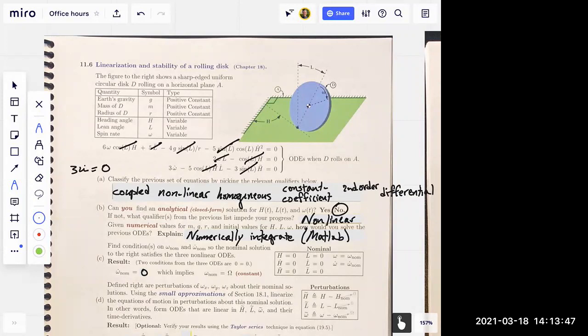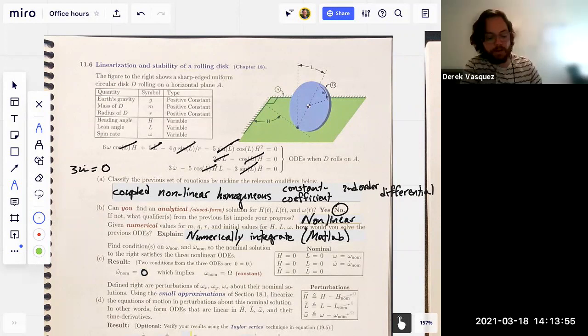Can you repeat the second part of part B about numerically integrating and all that? Yeah, so if we're given values for mg and r, if we know what the mass is, what our gravity constant is, and what our radius is, and we have initial conditions for our states H, L, and omega, and probably also for H dot, L dot, and omega dot, then we could solve this by approximating with numerical integration.